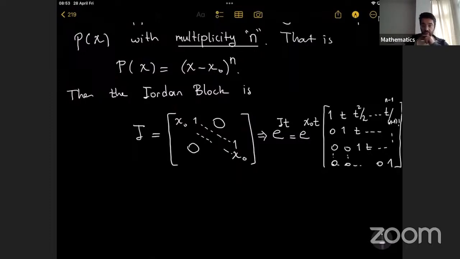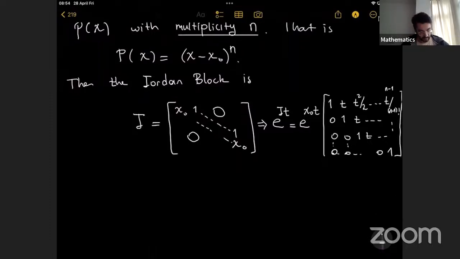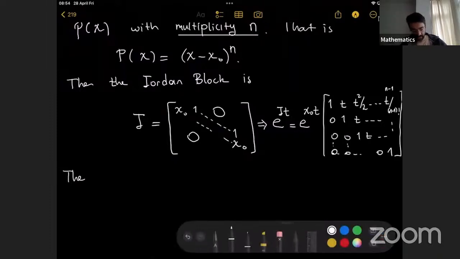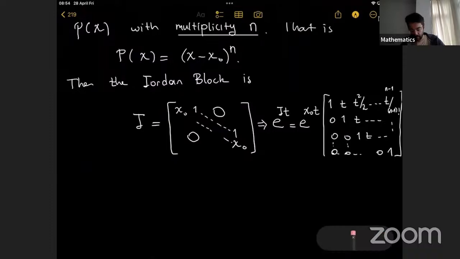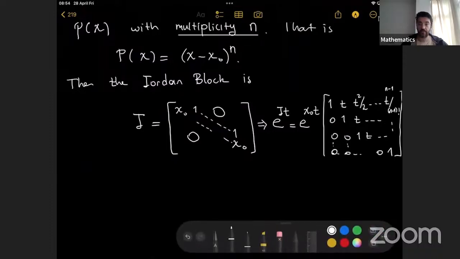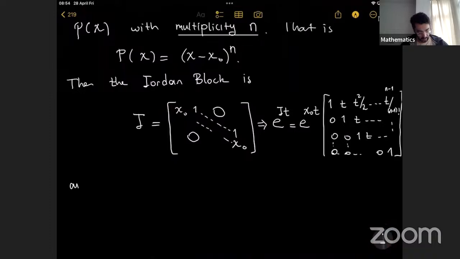Well, this tells you basically the fundamental matrix. Maybe let's also write here P as well. Remember, P consists of eigenvectors and generalized eigenvectors, right?